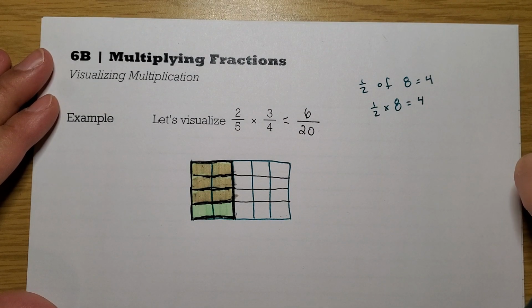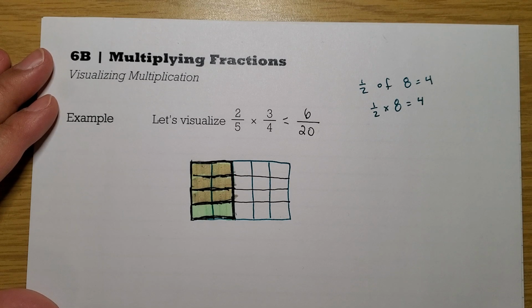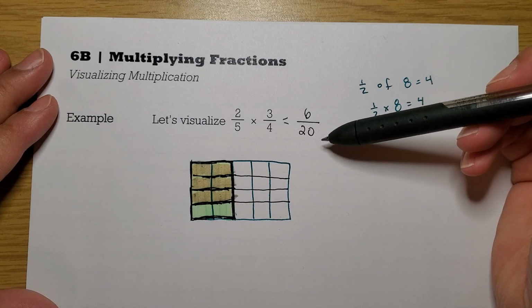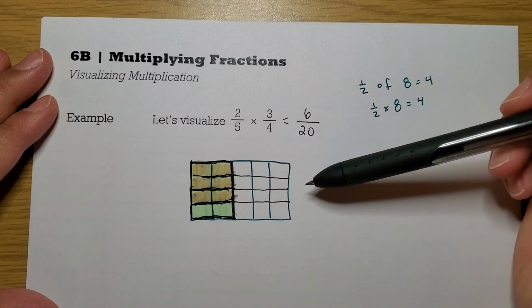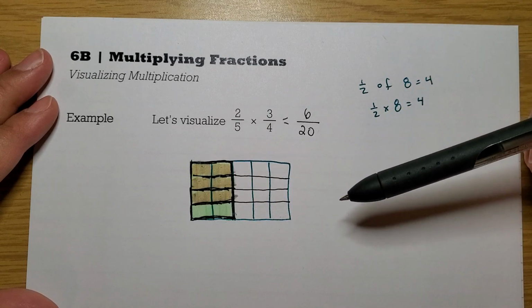One of the things that's kind of weird about multiplying fractions is that it's very different from addition. In addition, we need to keep the same size of our piece because we're counting the accumulation. But for multiplication, what it ends up doing is breaking some pieces into different sizes.